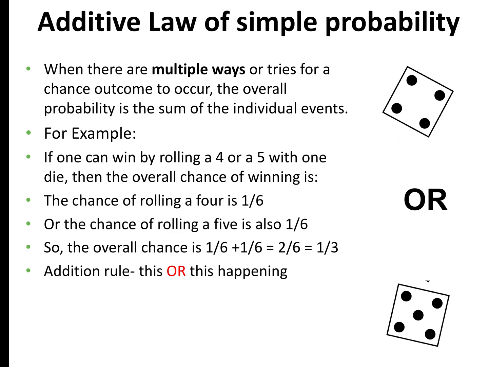So if I want to know what is the chance of rolling a 4 or a 5 on my first roll, then it's 1 out of 6 plus 1 out of 6, or 2 out of 6, and if I reduce that, that's 1 out of 3. So 4 and 5 occupy 1 out of 3 of the spots on a die, and so I have a 1/3 chance of rolling a 4 or a 5.